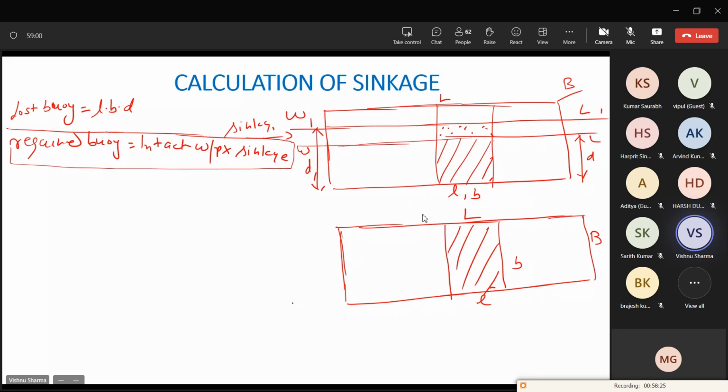If I remove some part of the book, cut out some part, then what happens? What is the remaining area of the page? The remaining area of the page is the total area minus whatever has been cut out. Do you agree? Yes or no? Yes, yes sir.